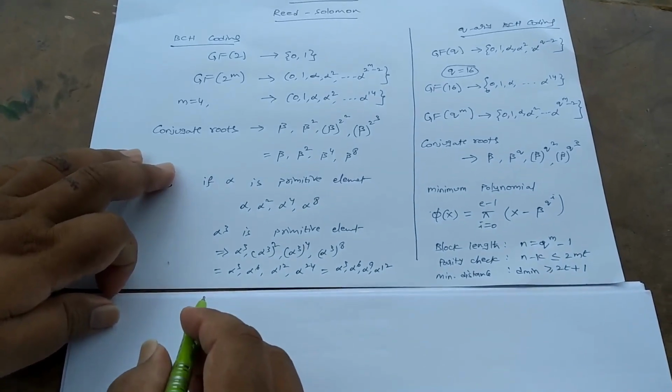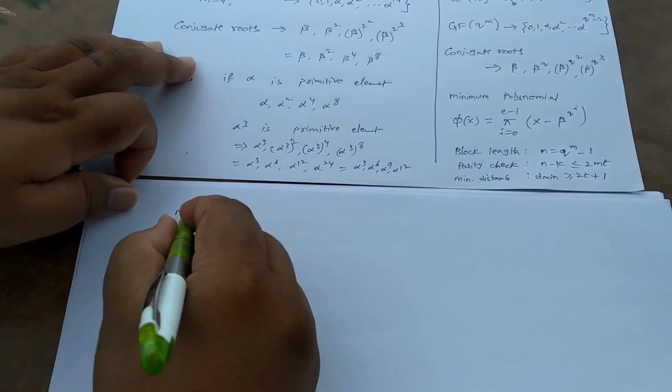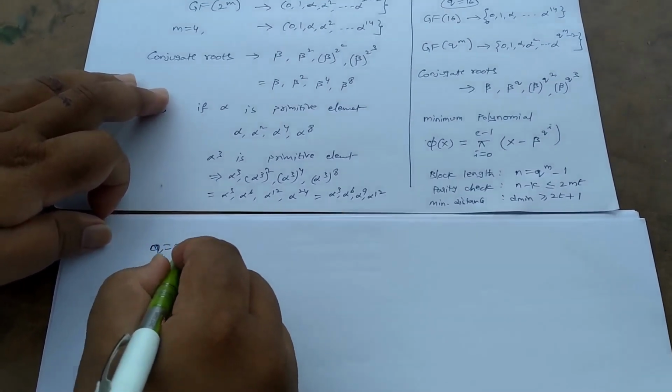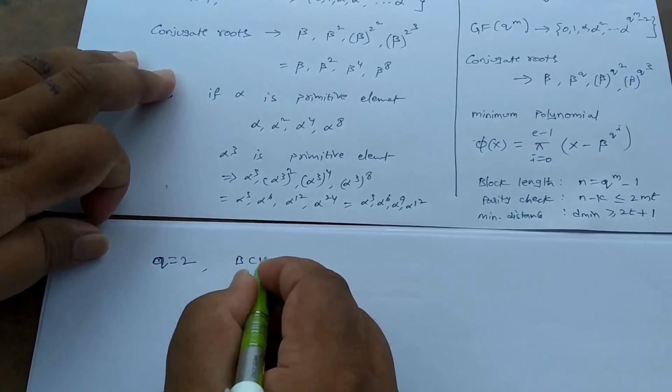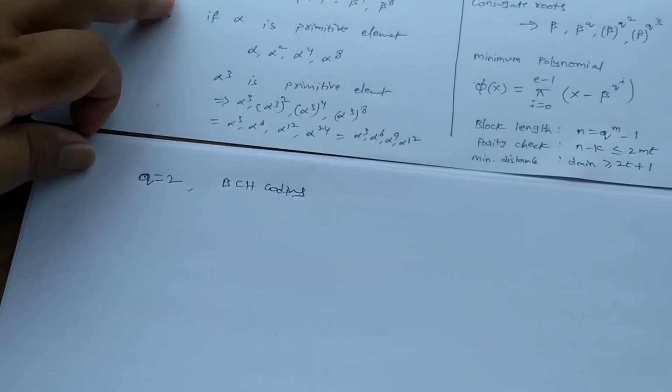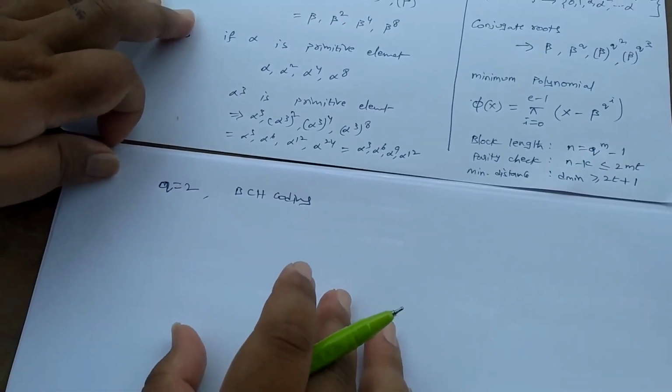Okay, for example, if m is equal to 2 and q is equal to 2, it is like BCH coding as we discussed. For other extensions also we'll discuss this.